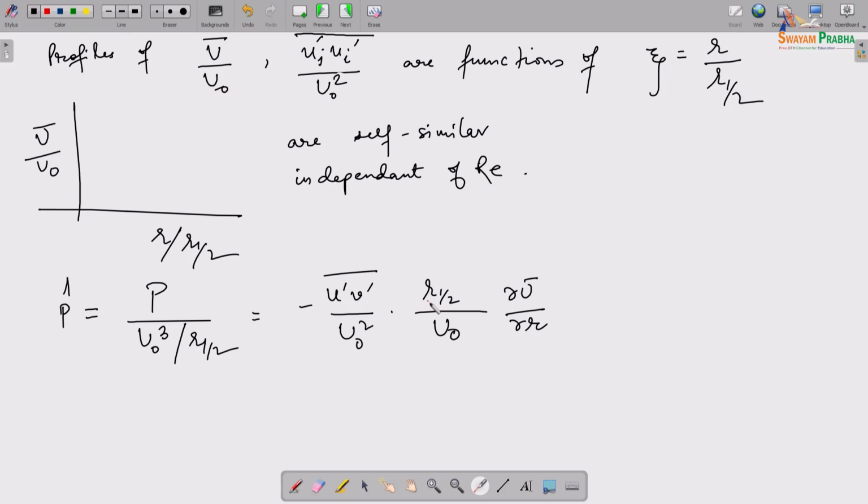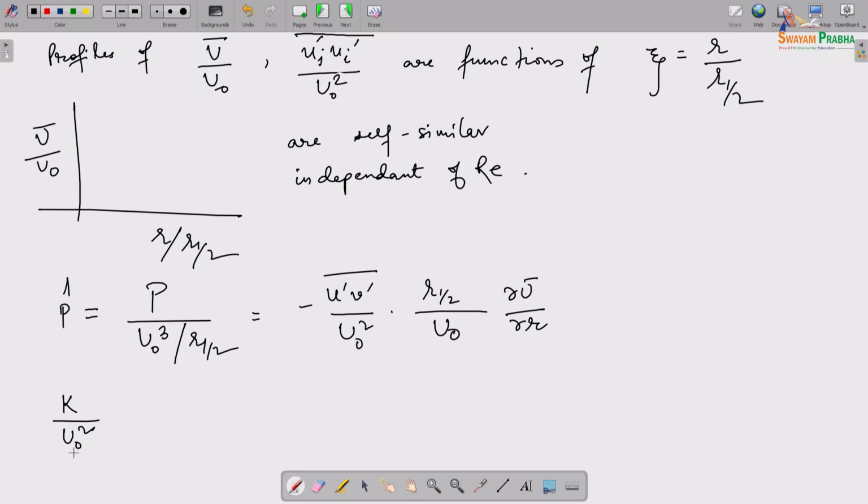Now, again, let us say k, the fluctuating part of the kinetic energy, by u naught square.